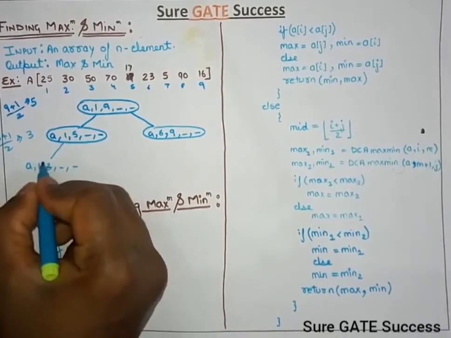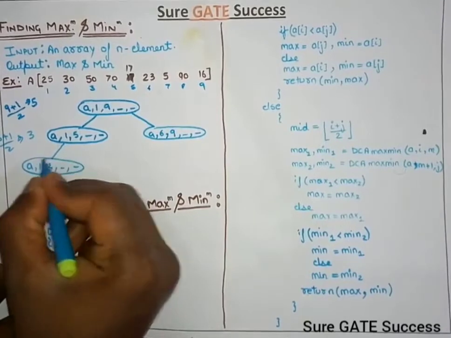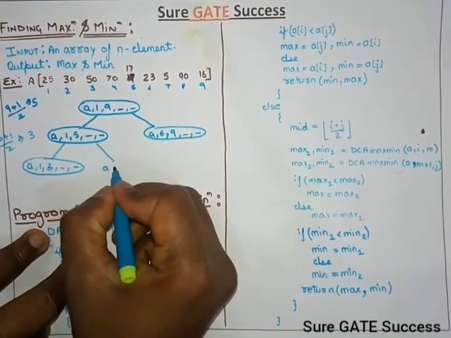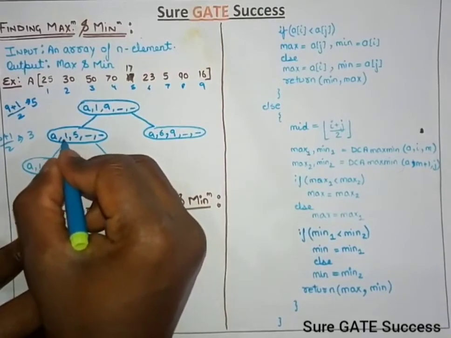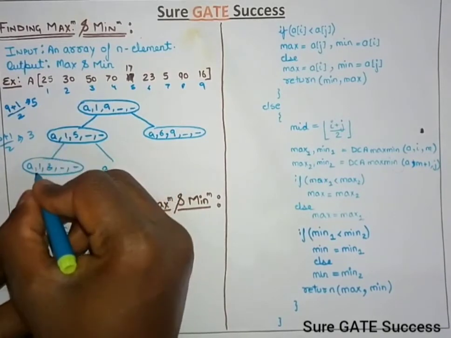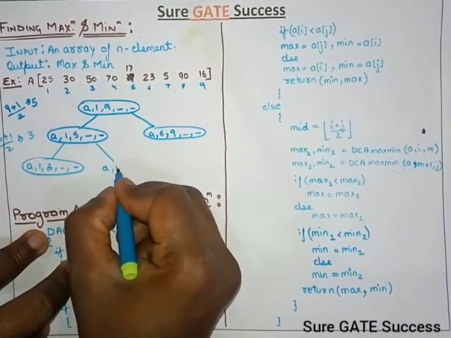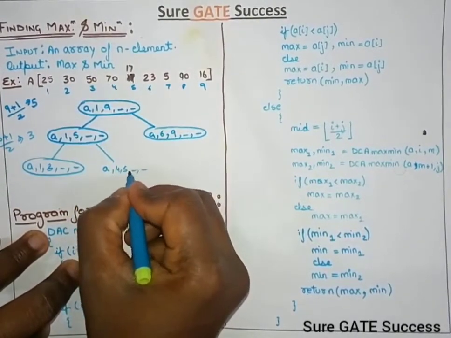Just place two blanks for the maximum and minimum. And now we have to take the fourth and fifth one, because we are considering this array of length 1 to 5. We have already taken 1 to 3. What are the remaining ones? 4 and 5. So 4, 5, with two blanks for the maximum and minimum.